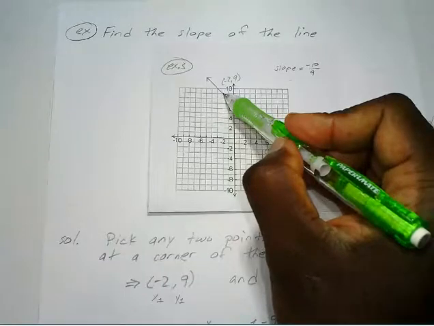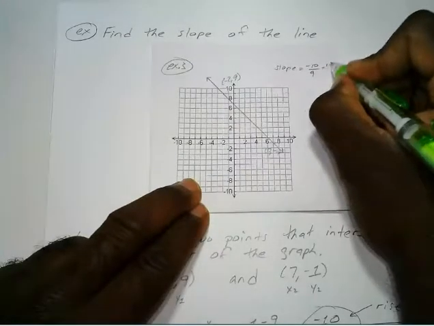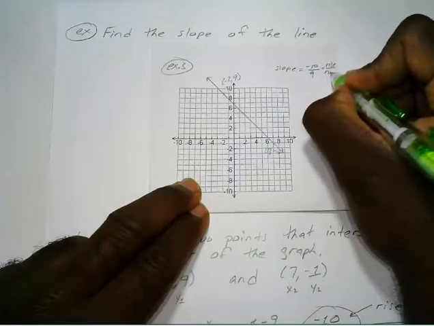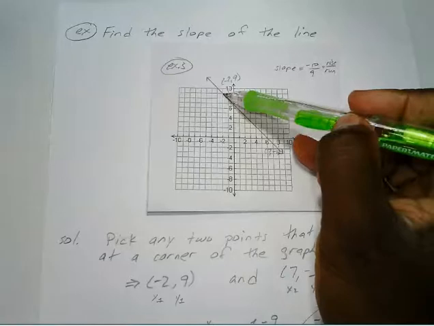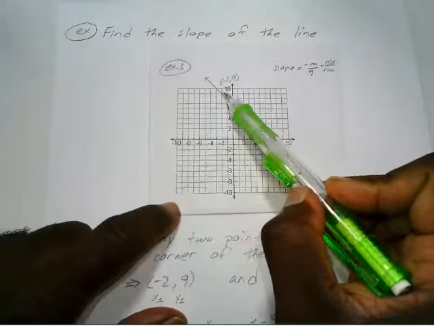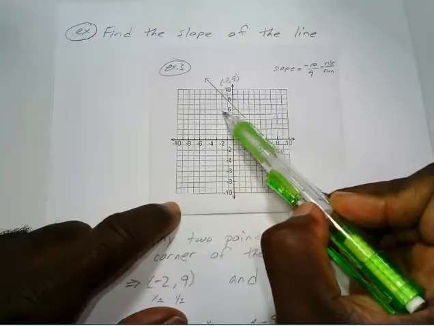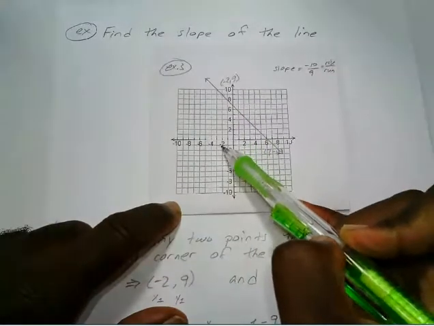Our slope is negative 10 over 9, or rise over run. So since our rise is negative, we're going to go down 10 spaces. Okay, so we go down 1, 2, 3, 4, 5, 6, 7, 8, 9, 10.